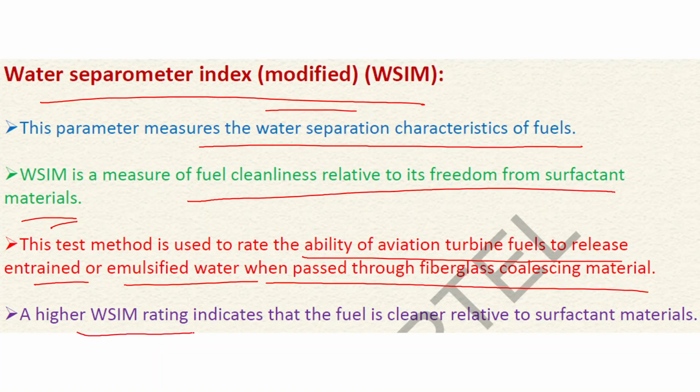A higher water separometer index indicates that the fuel is cleaner relative to surfactant materials. If a fuel has a higher water separometer index, then even the presence of water molecules with the surfactant material does not affect the quality of the fuel.